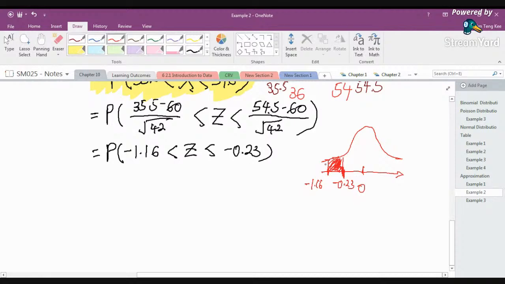Once again, the region is on the left. It's not something that we can find from the table.